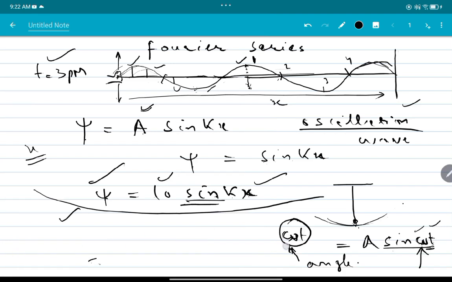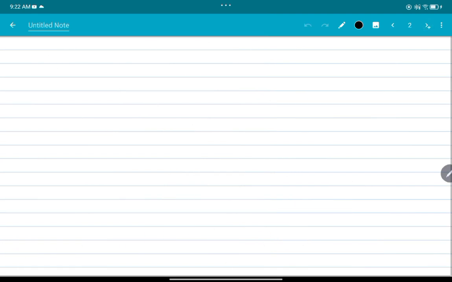Let us see here. Suppose we had a sine omega t. Basically, we bring this omega here to convert t into an angle. We had time, but we wanted an angle, so we multiplied it by omega.